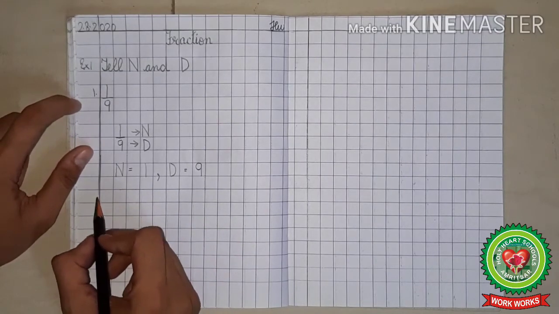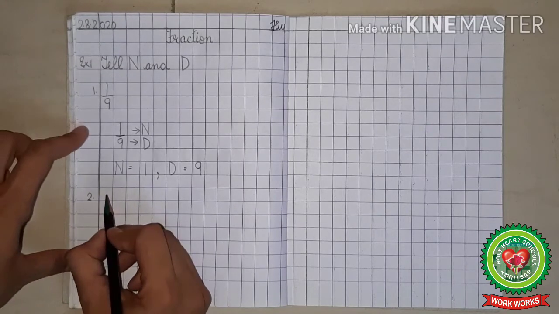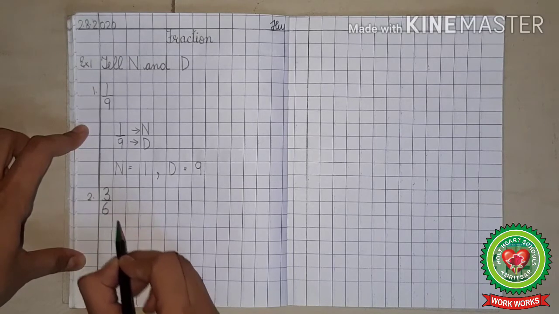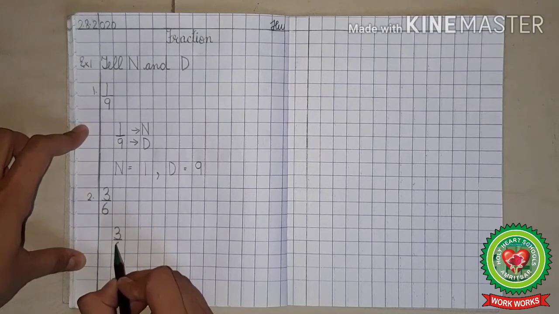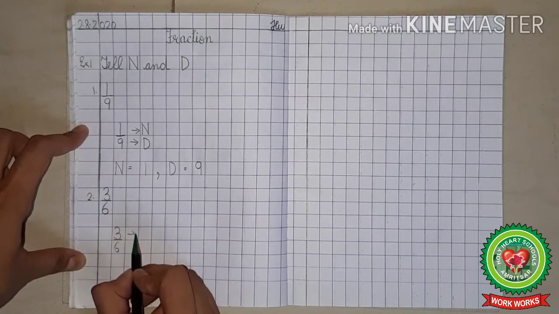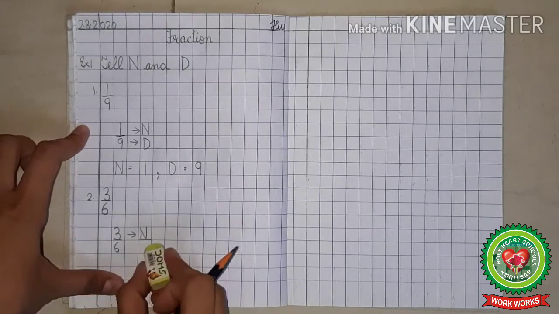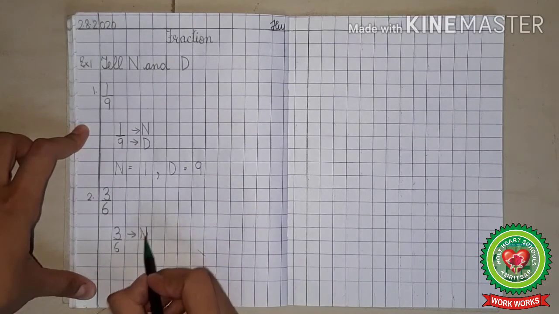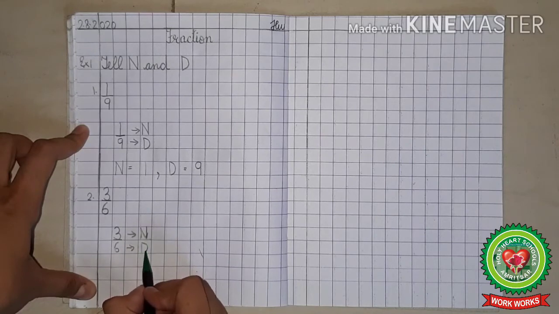Now let us do one more sum. Our second sum is, suppose, 3 upon 6. Leave one line, write down 3 upon 6. 3 is the numerator because it is the number above the line. Sorry, you don't have to draw the line here. And 6 is the number below the line, so it is the denominator.